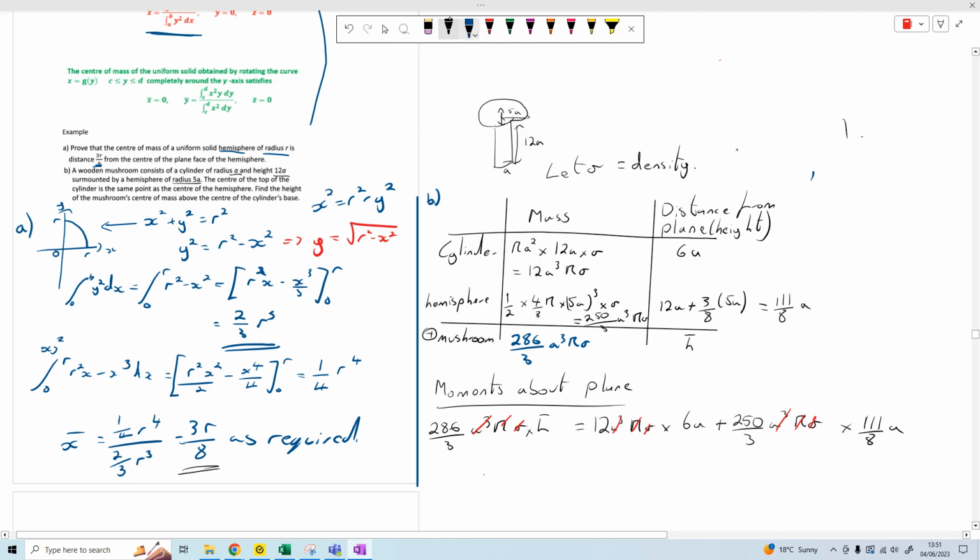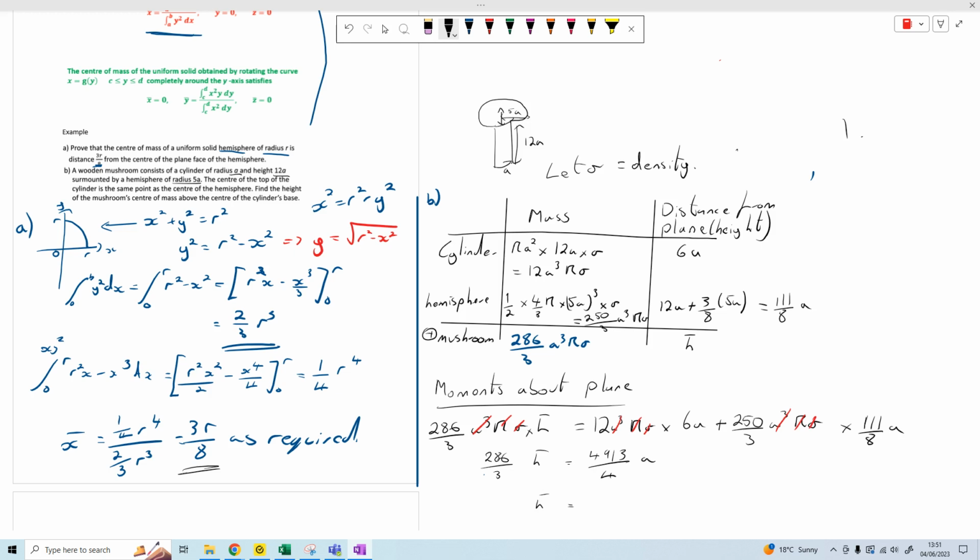Okay, so I'm going to simplify. I've got 286 over 3 and then my h bar, and on this side I've got 12 times 6a plus 250 over 3 times 111 over 8a. It's not going to give me a nice number, but I end up with 4913 over 4a.